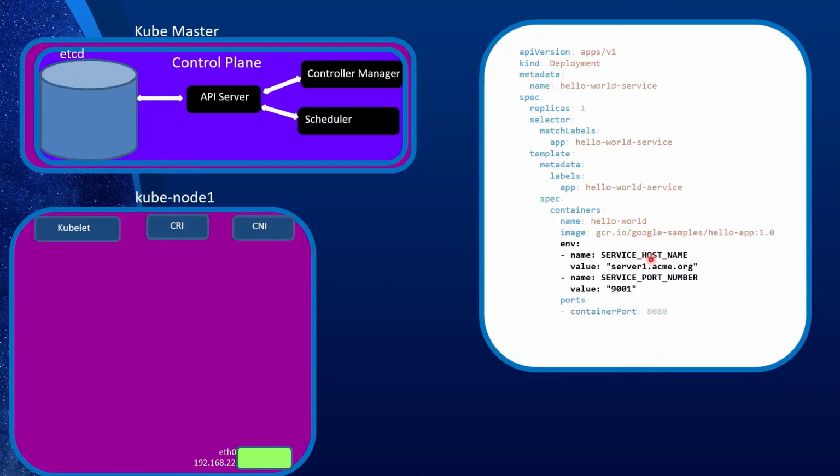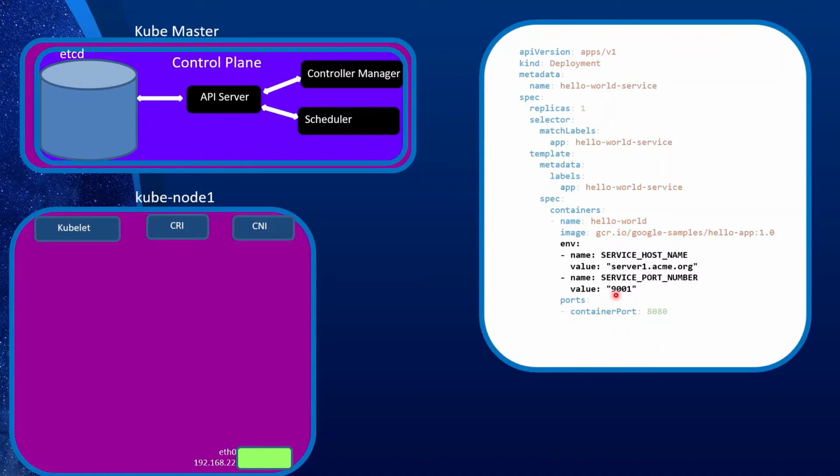So this pod will be consuming some service. And then the value of that server is server1.acme.org. And the next name is service port number. So we need to know what port number we need this application to connect to. And the value is 9001.